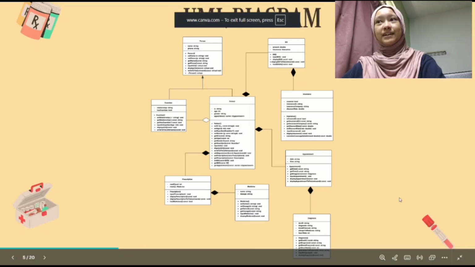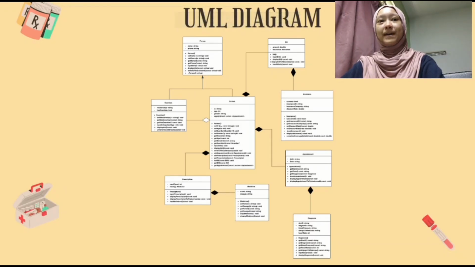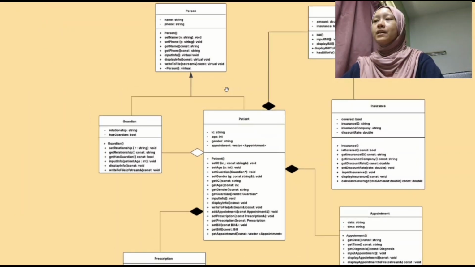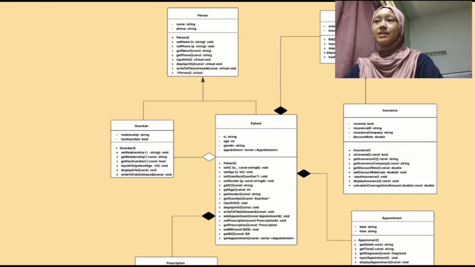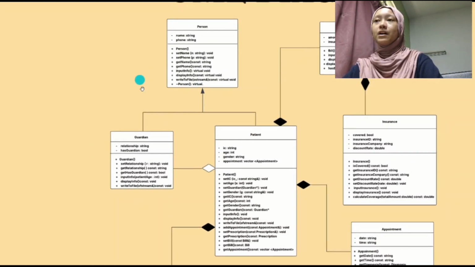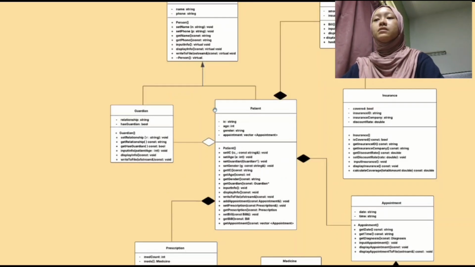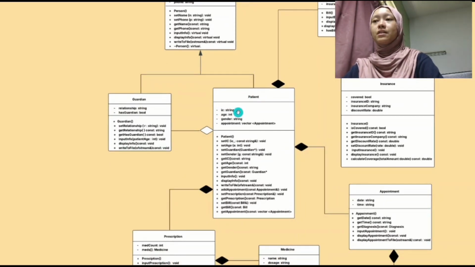Hi, my name is Natasya and I'm going to explain about the UML diagram and flowchart. For the UML diagram, we have a total of 9 classes. The first relationship is inheritance, where the person is the base class, and guardian and patient inherit from the person class. We have one aggregation, which is the patient and guardian.